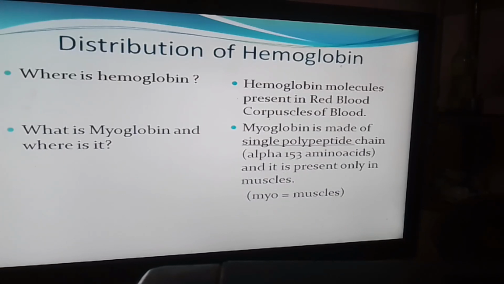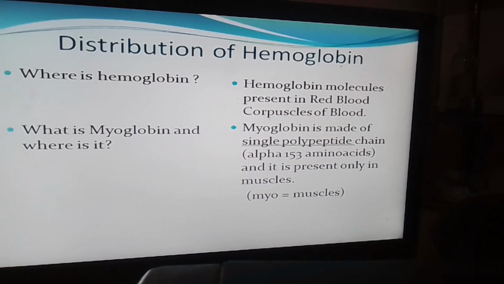And myoglobin, it's a single polypeptide chain, in contrast to the hemoglobin, because hemoglobin is a tetramer. In what sense do we say? There are 4 polypeptide chains and 4 heme units making one hemoglobin molecule. But here one myoglobin molecule is made of one heme and one polypeptide chain.